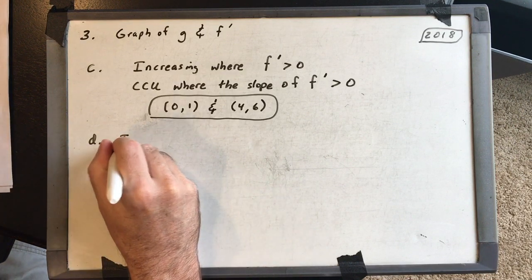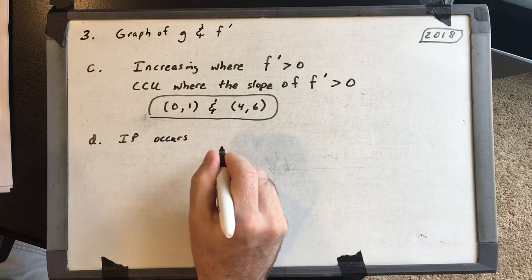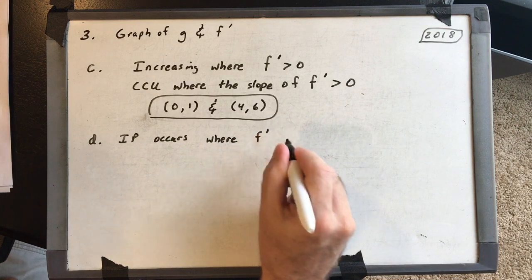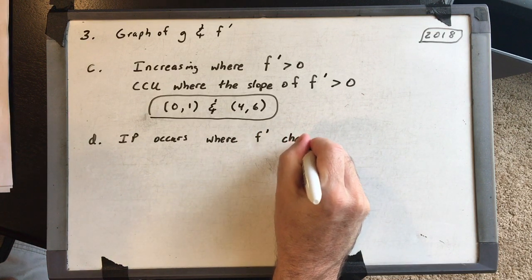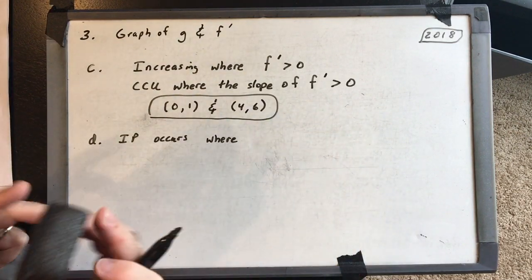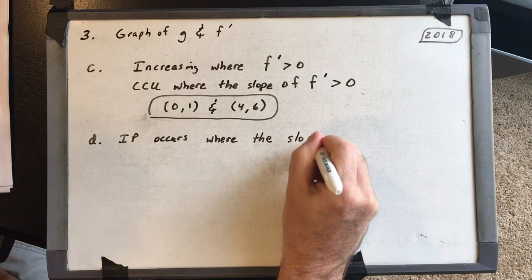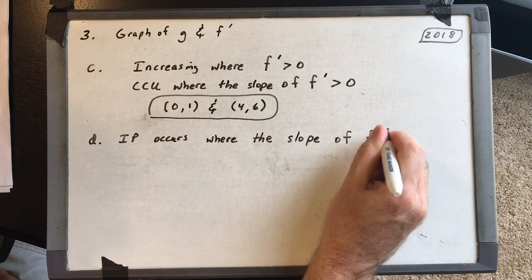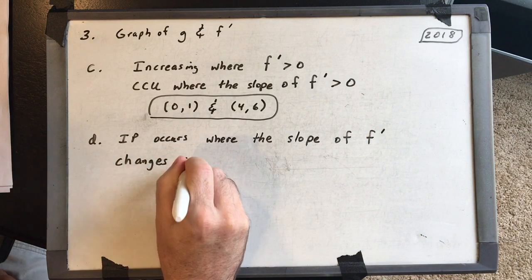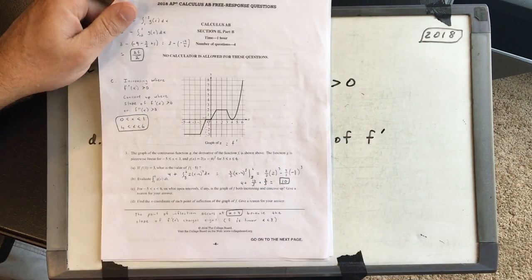The inflection point occurs where the slope of f prime changes signs. So let's see where that occurs.